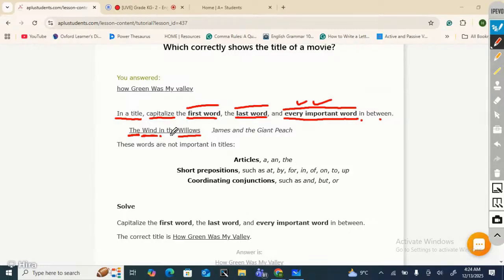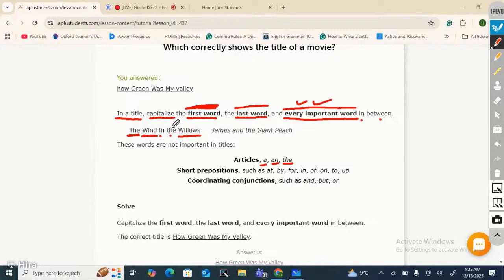Now, these two, in and the, are small words. These are not important in titles. Words like the articles a, an, the are not important in titles. But here, the is used as the first word, and the first word is capitalized.